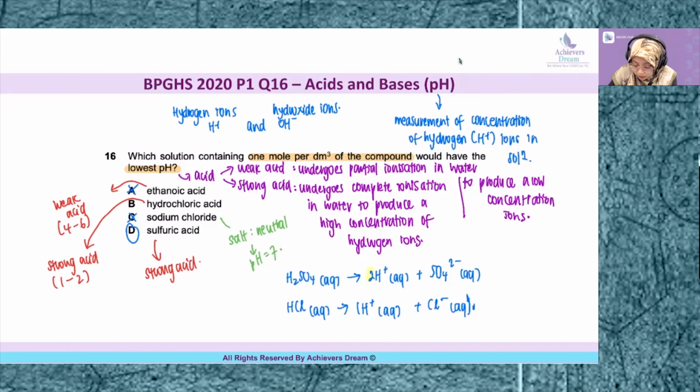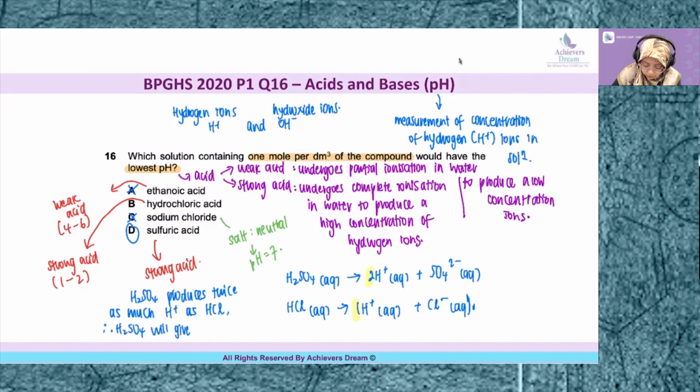The number of moles of hydrogen ions. Since H2SO4 produces twice as much H plus as HCl, therefore the H2SO4 solution will give a lower pH. Hence, your answer is D.